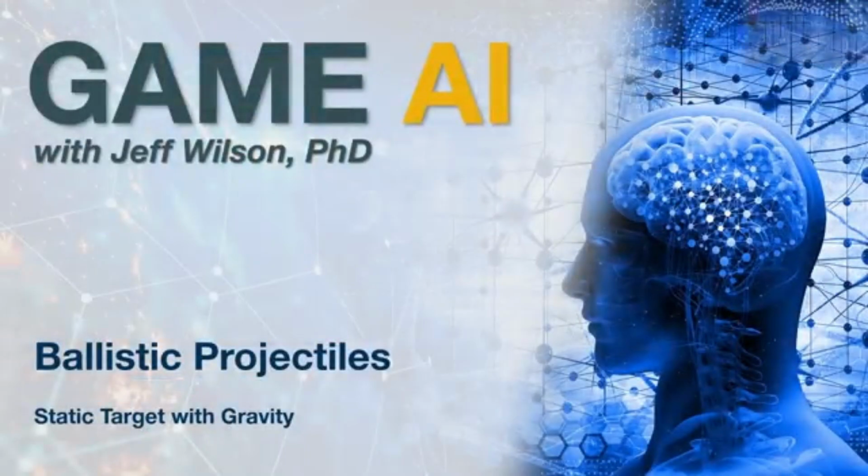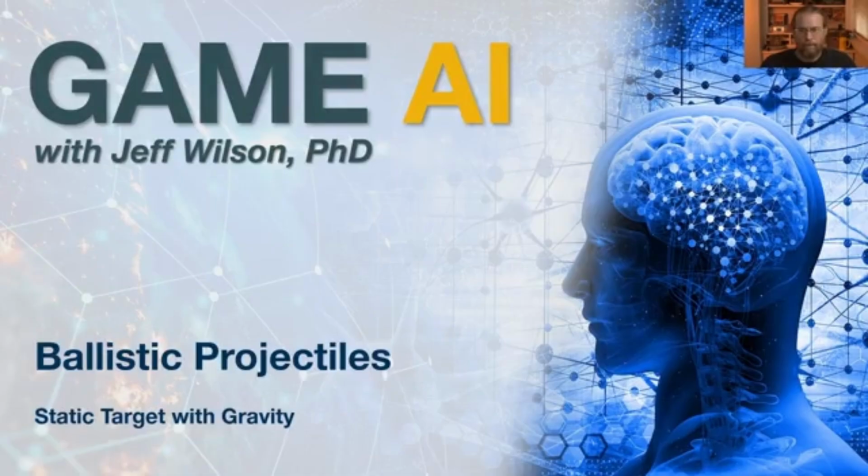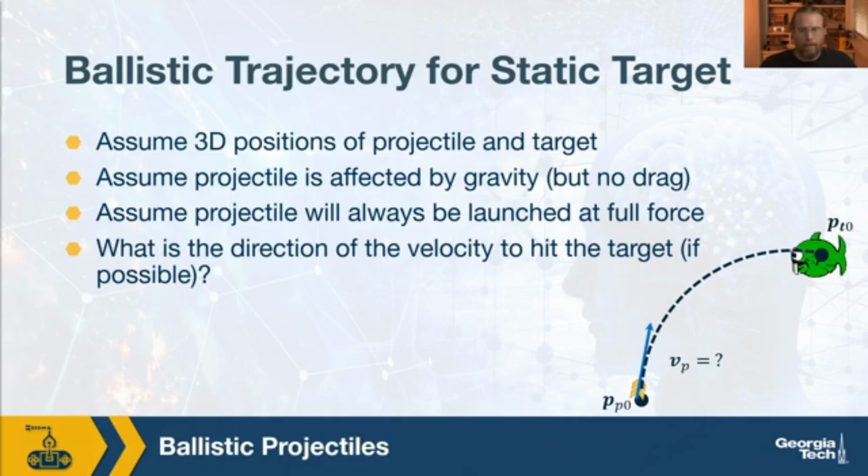All right, we're going to look at launching a projectile that's affected by gravity, launching it towards a target that's fixed in position, or static target, and it's going to be a 3D position. So again, assume that we have 3D positions.